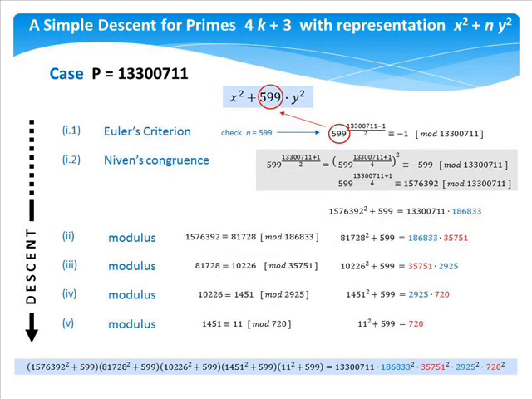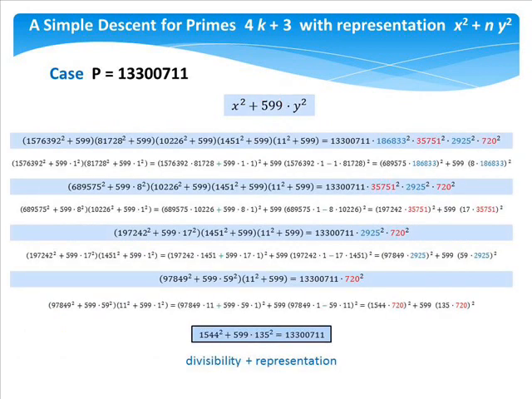The next case where primes of the form 4k plus 3 satisfy Euler's criterion is when n equals 599. And this time we reach both divisibility and representation.